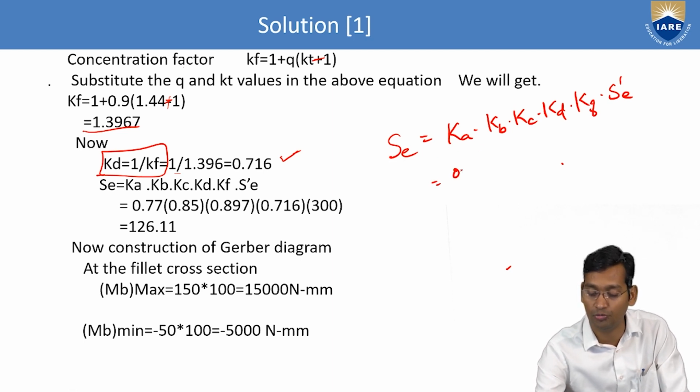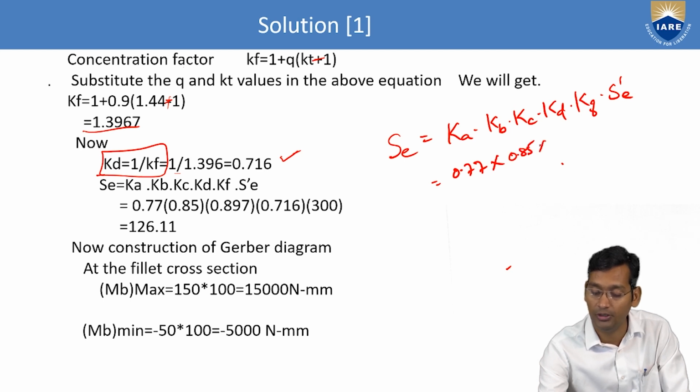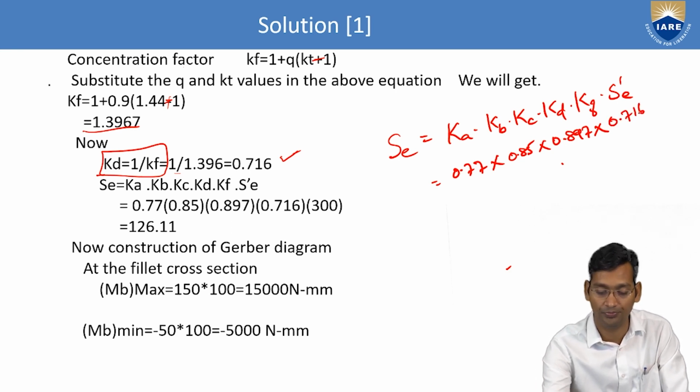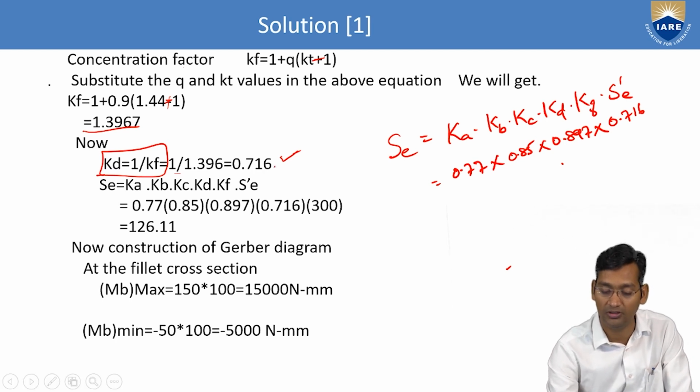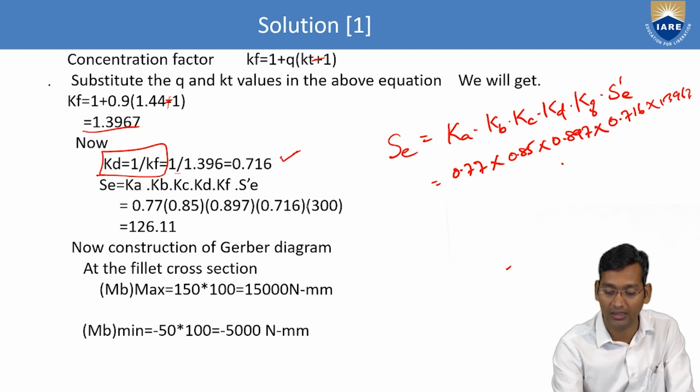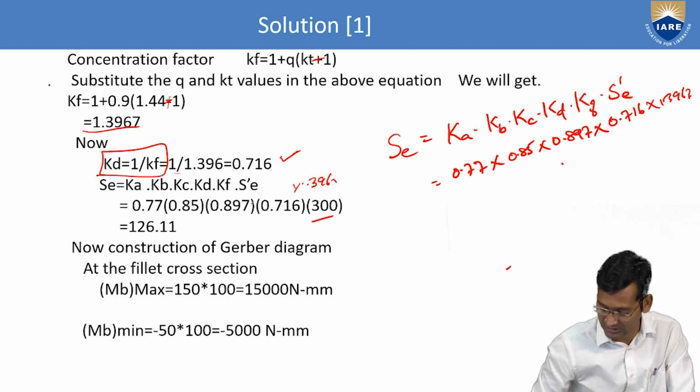Ka is 0.77, into Kb 0.85, into Kc 0.897, into Kd 0.716, and then Kf 1.3967.